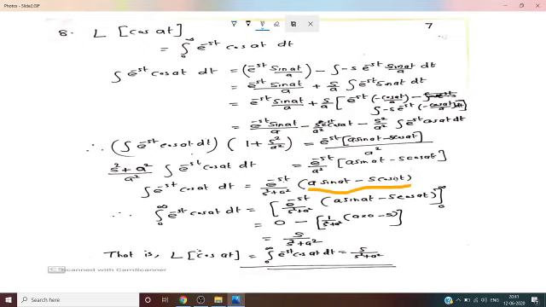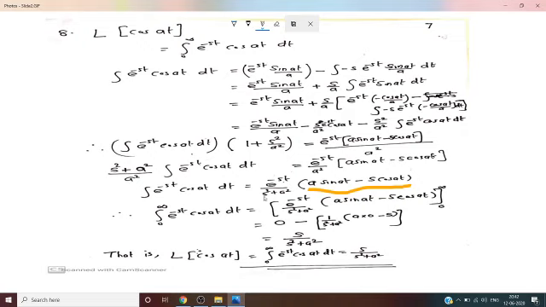After finding this integral e raised to minus st cos a t dt, we have to give the limits, integral 0 to infinity e raised to minus st into cos a t dt equal to this. You will give limits from 0 to infinity.